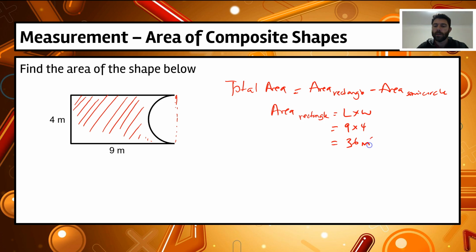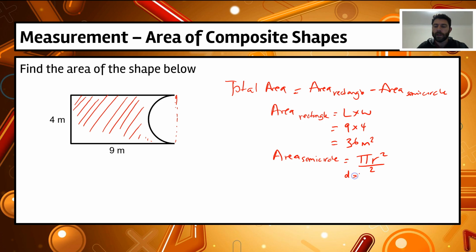36 meters squared. The area of the semicircle, that actually equals, we've got pi times radius squared divided by 2 for a semicircle. Now because we know the diameter is 4, the radius for that should actually equal 2.